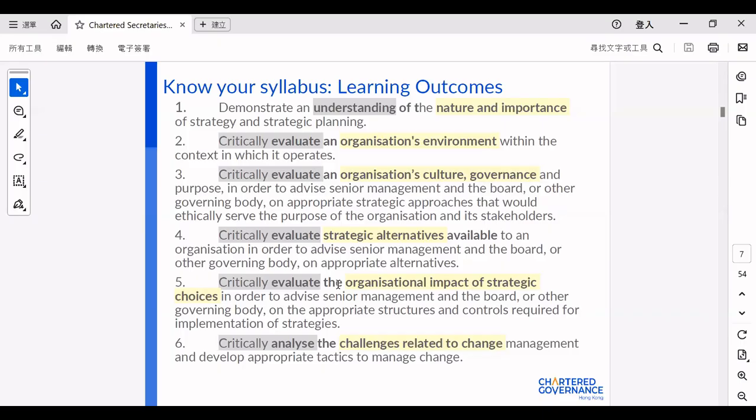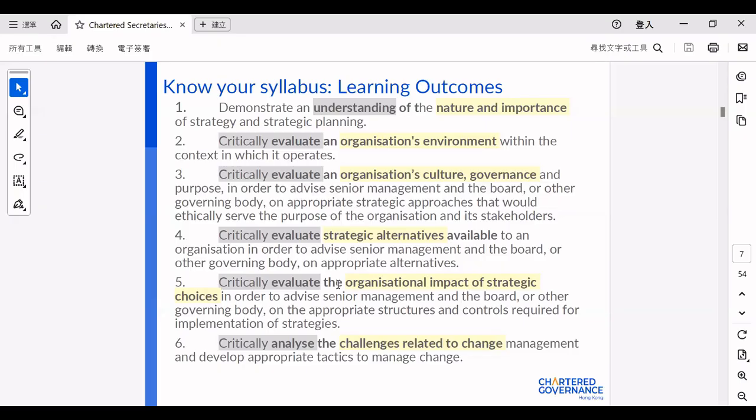There are 5 or 6 learning outcomes in here. These are the things that should be demonstrated in your answer, the things being tested in your examination paper, and you have to show that you can achieve all these learning outcomes before you can pass your examination.